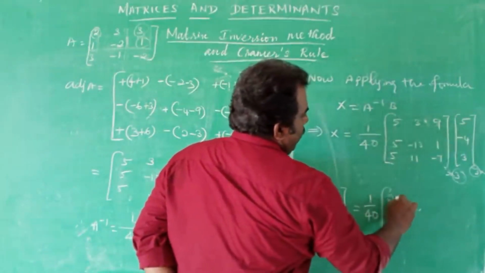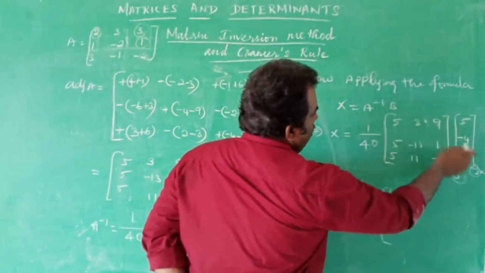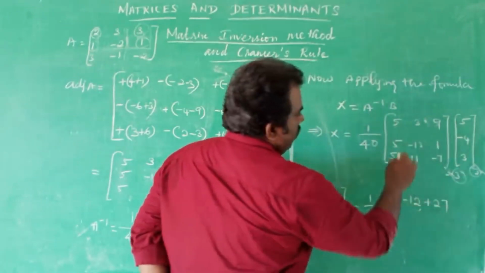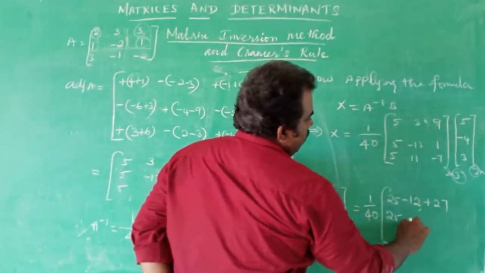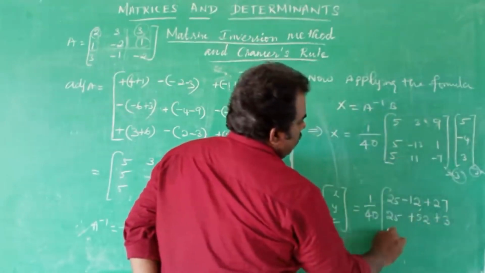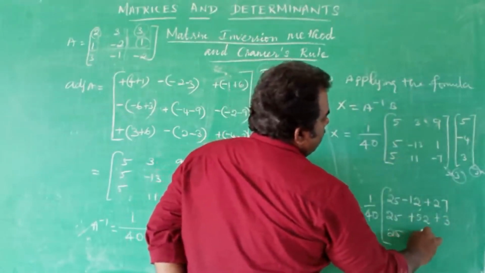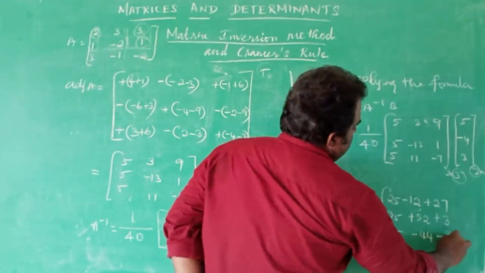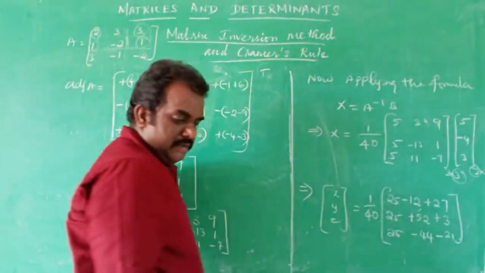25 minus 12 plus 27. The next, 25 plus 52 plus 3. The next, 25 minus 44 minus 21. Then we can solve this.